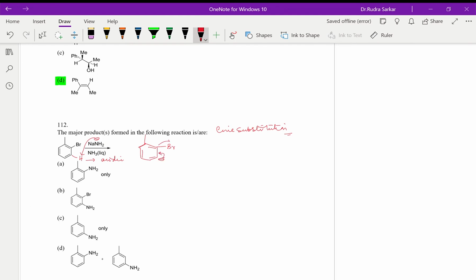Now this comes here and that goes there, and one can think of the formation of a 2,3 benzyne over here. After it is formed via elimination of Br, it will add the NH2 or NH3 from the medium. Addition can take place here or here, so we can expect two products.